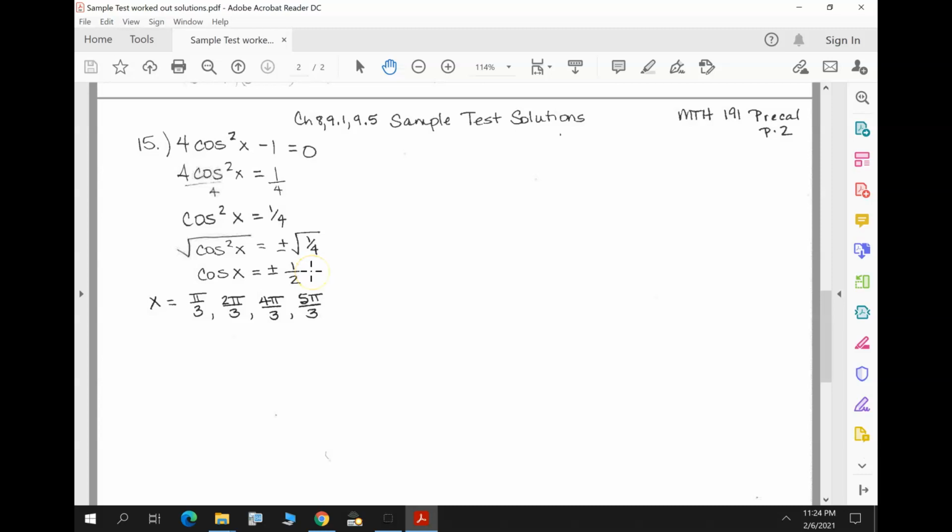So cosine is equal to a positive 1/2 in the first and fourth quadrants. Is equal to a negative 1/2 in the second and third quadrants. So we're actually going to give an answer in all 4 of the quadrants. So if you look on your unit circle and you see where your x value is 1/2 or negative 1/2, it's at pi over 3, 2 pi over 3, 4 pi over 3, or 5 pi over 3.